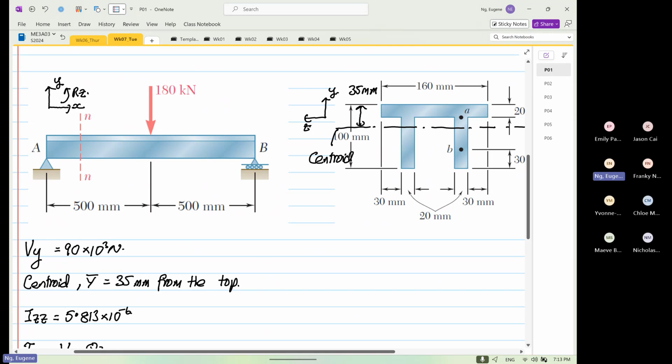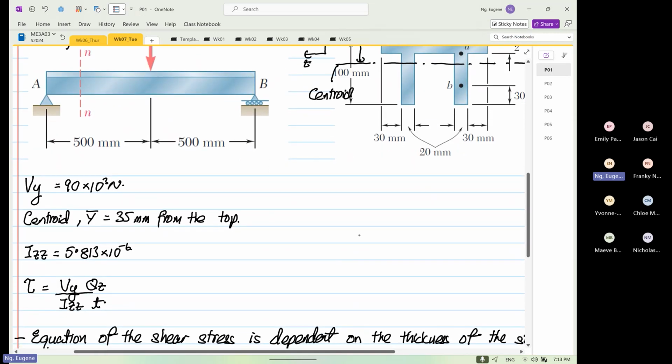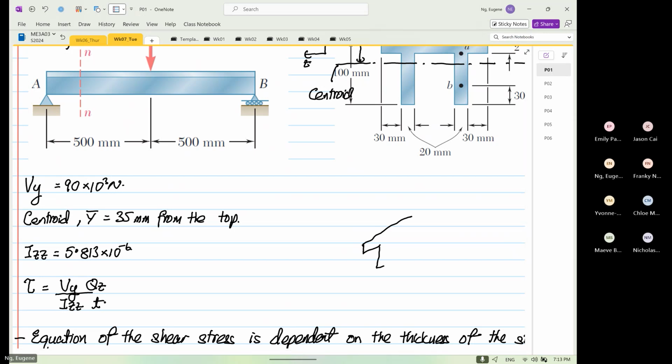If now I were to construct this in 3D, if I would draw this in 3D, this is our X, Y, and this is our Z. This plane over here will intersect the what?